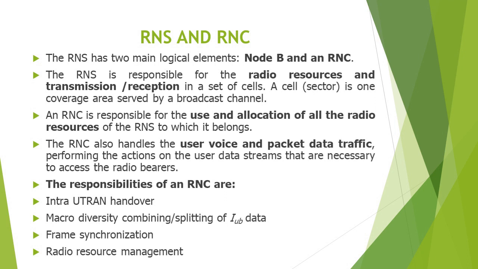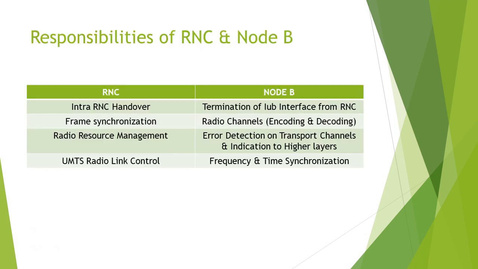The responsibilities of the RNC are to maintain and perform intra-RNC handover. We know the handover process searches for signal connectivity where it is very weak. Then macro diversity, for example combining and splitting of the user data, that is IUB. And frame synchronization, transmission and reception of the frames, and then radio resource management.